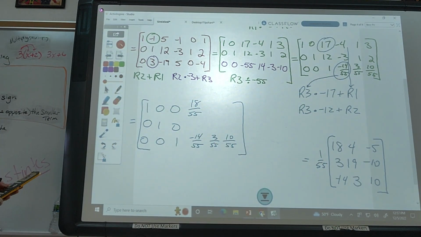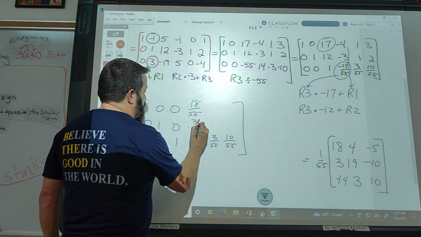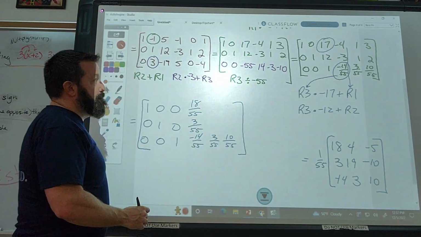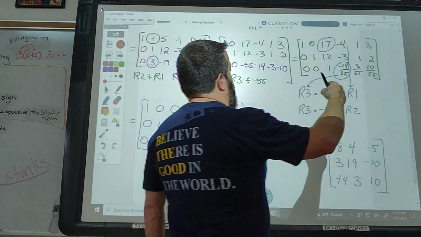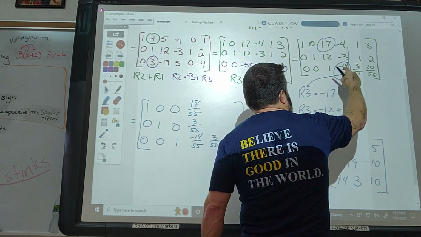As I go through and do this, change that to a negative 12, change that to a negative 3, math, fraction, and this one comes out to be 3 over 55, okay? Now I take 3 over 55 times negative 17 plus 1.